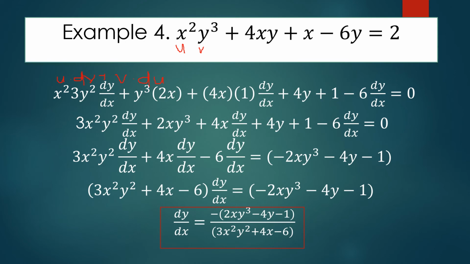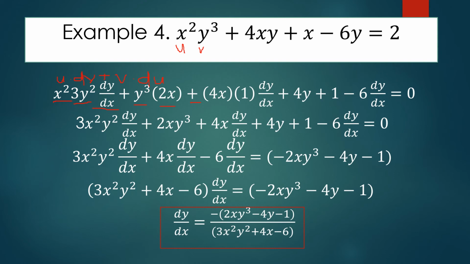Okay, so we have u, x squared, dv or derivative of v is equal to derivative of y cubed is 3y squared, and since ang kinuhanan natin ng derivative is the variable y, always put dy over dx plus v, just copy y cubed times the derivative of u is 2x plus the derivative of 4xy.